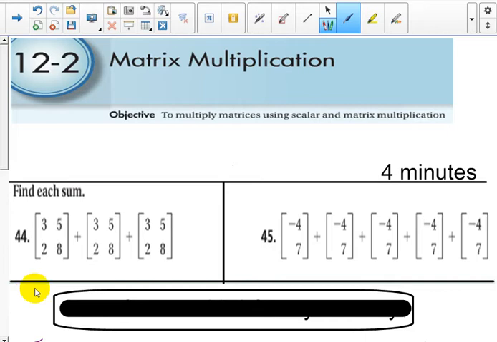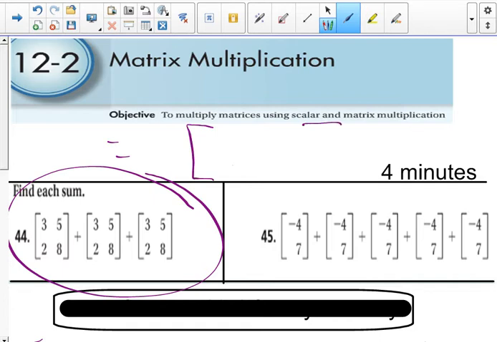So how would you think that we would add these based on yesterday's lesson? Yes. In the first row, first position, we would go 3 plus 3 plus 3. Just keep your corresponding elements together.